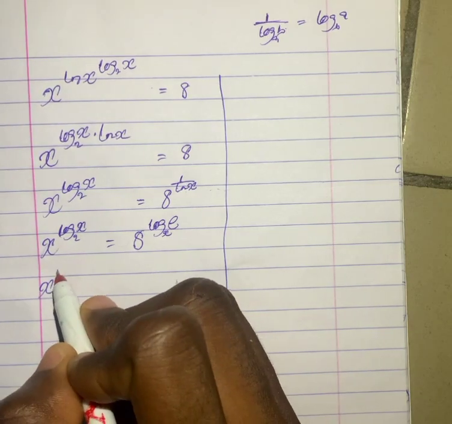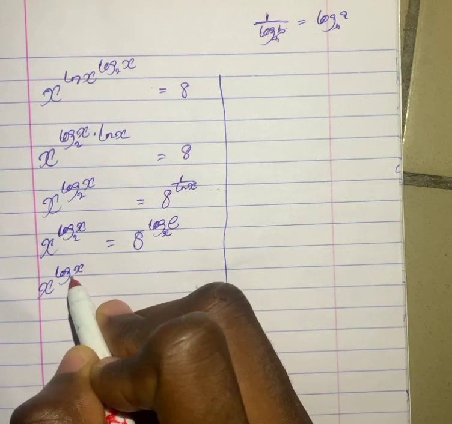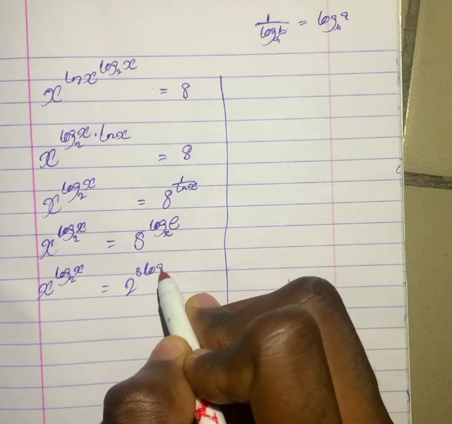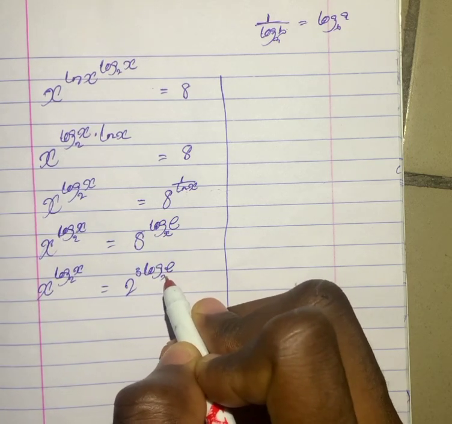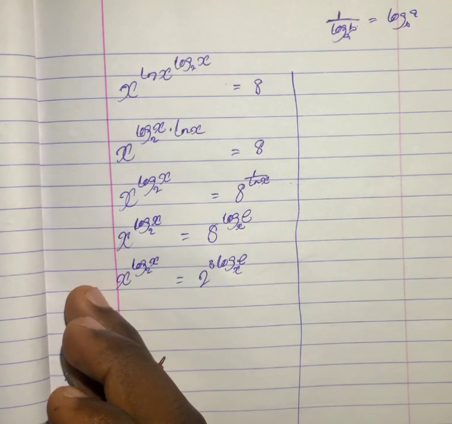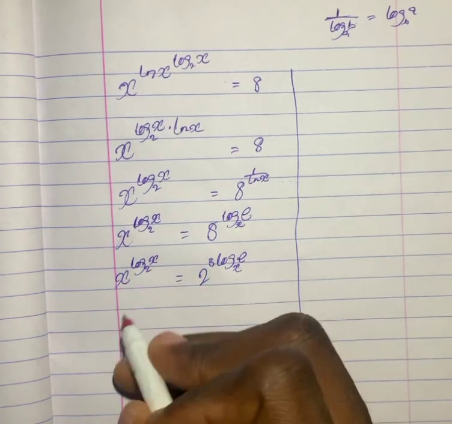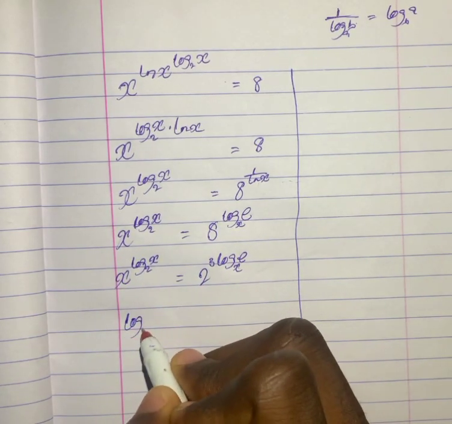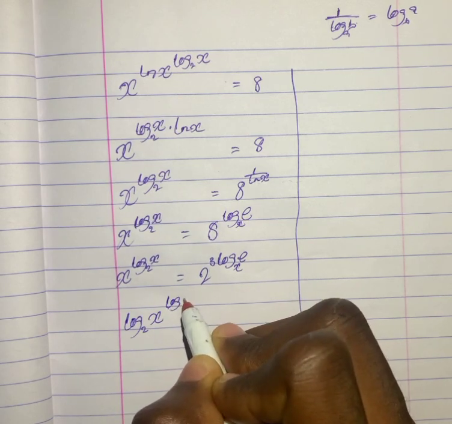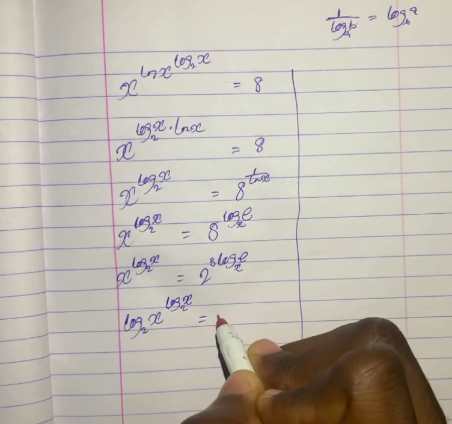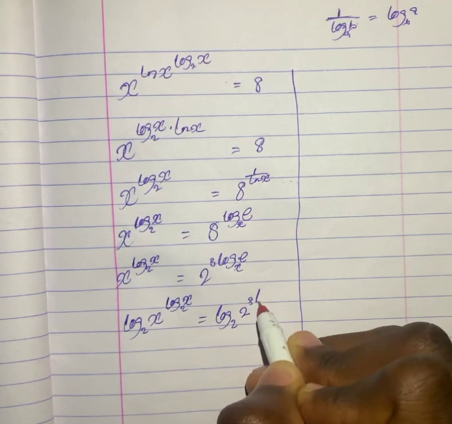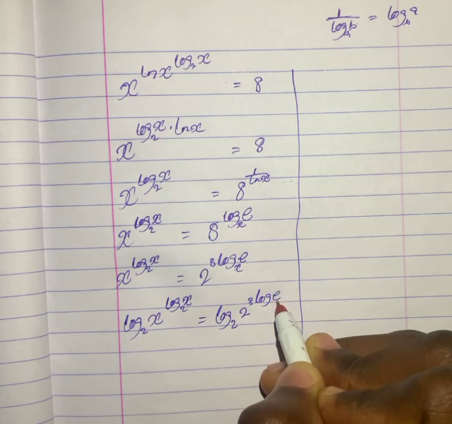So we can say x raised to the power of log x base 2 equals 2 raised to the power of 3 log e base x. Now, by taking log to the base 2 of both sides, log base 2 of x raised to the power of log x base 2 equals log base 2 of 2 raised to the power of 3 log e base x.